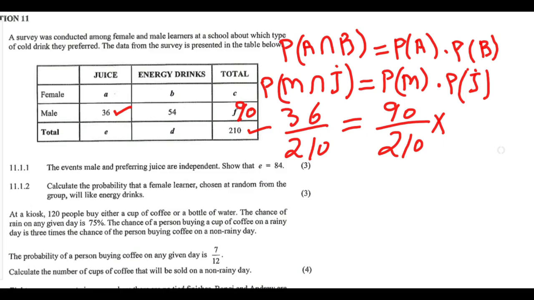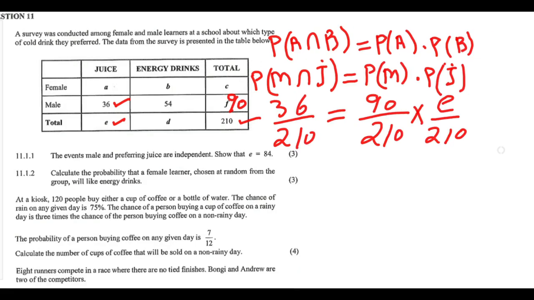Now we need to look at the total number of learners preferring juice. So the A plus 36, that will be E. And the probability of juice will be E over 210, because the total is 210.